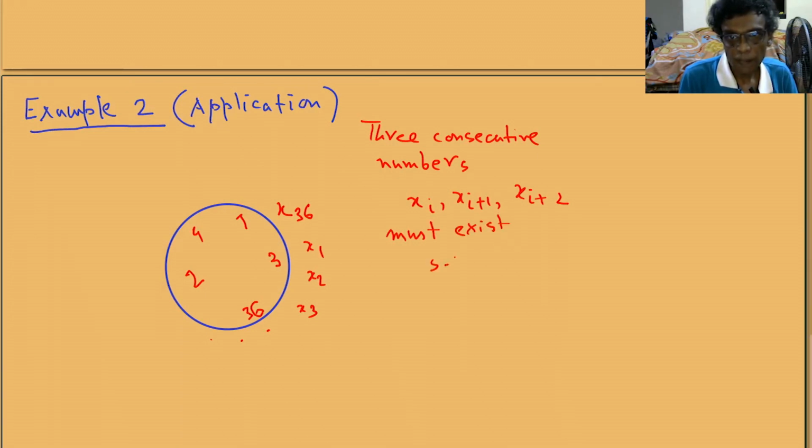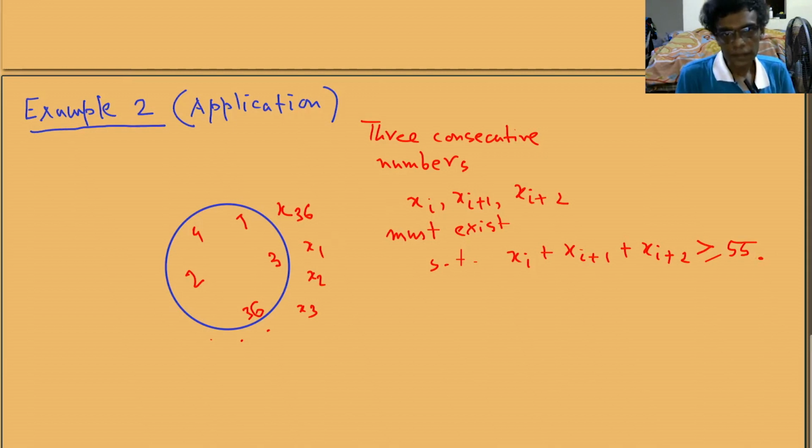Such that their sum is greater than or equal to 55. Okay. So I assume that this is not the case. So this is a proof by contradiction.